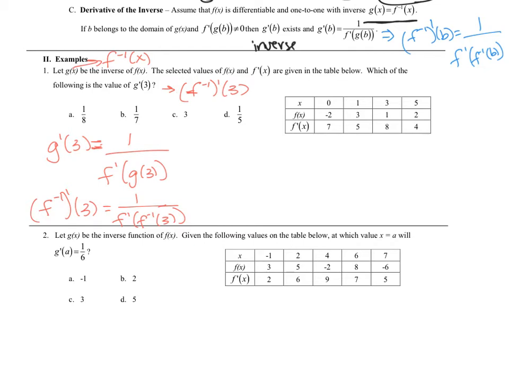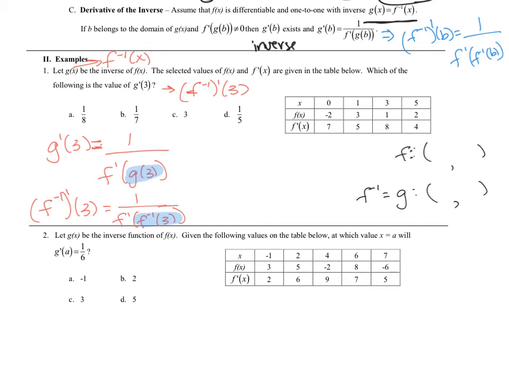What this means is that I first have to evaluate f inverse of 3 or g of 3, where g is the inverse of f. And what I like to do is write out what's going on with these ordered pairs, okay? In other words, if I have the f function and I know the ordered pair for that f function, then I could just switch those ordered pairs in order to figure out what's going on with the g function, okay?